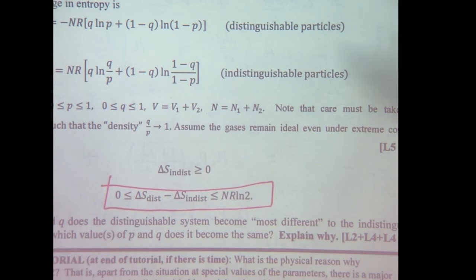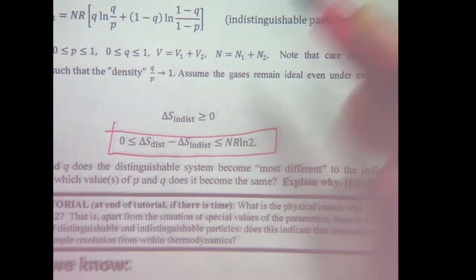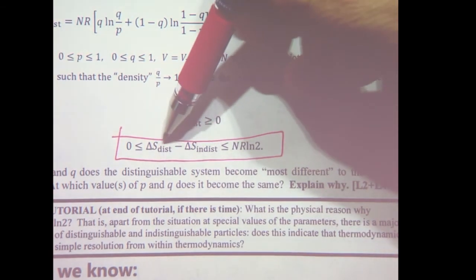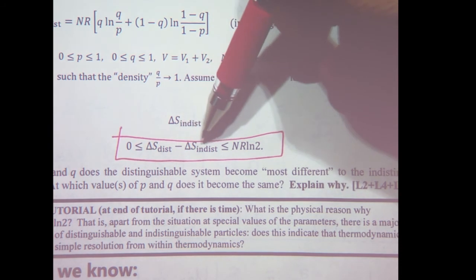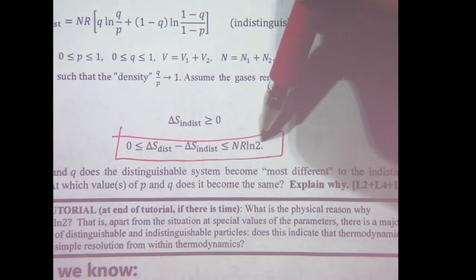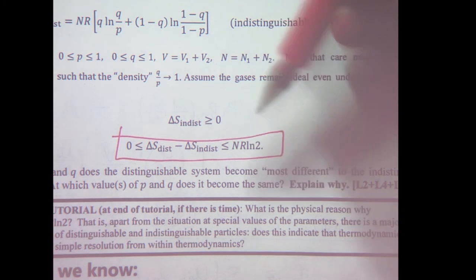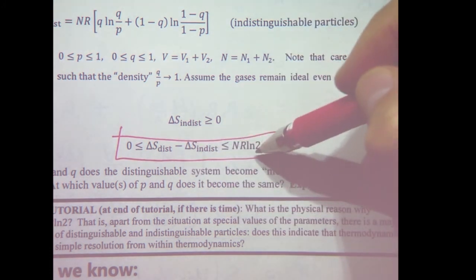And so, depending on the initial density, the difference between the change in entropy in the distinguishable case and the indistinguishable case is between 0 and nR log 2. The maximum possible difference is nR log 2.